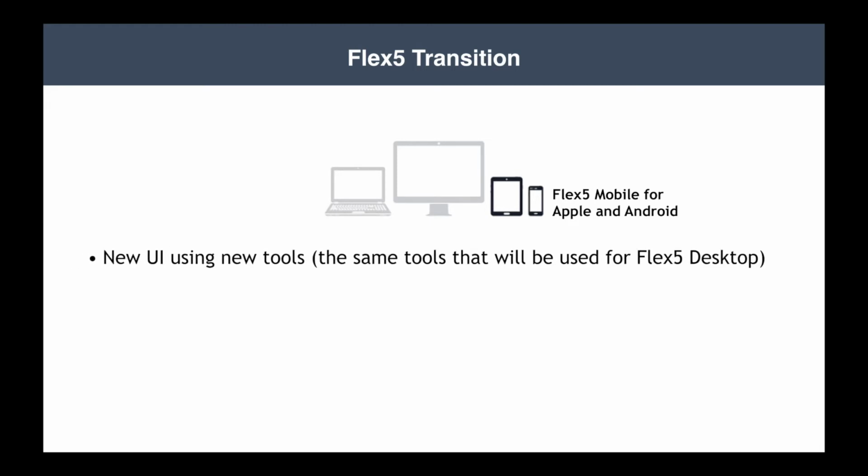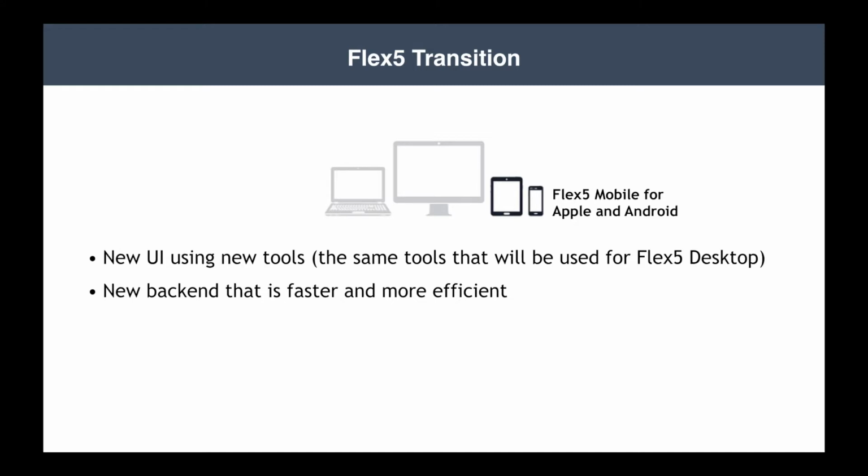We built that using new tools, using a toolkit for the UI, and it's the same tools that we're using for Flex5 Desktop now. So it was a way for us to get used to the new toolkit, to get our feet wet with HTML5, having built an entire product on Flash. We just wanted to get our foot in the door with that and not jump right into desktop immediately. So we used Flex5 Mobile as our way to get into that.